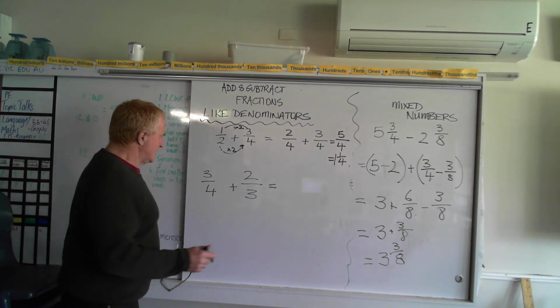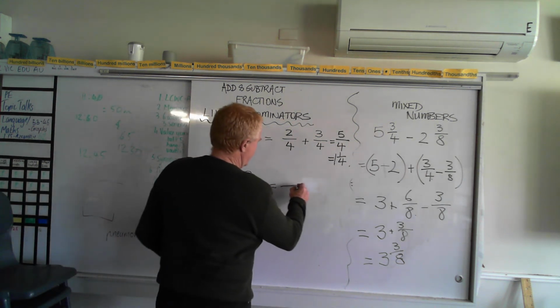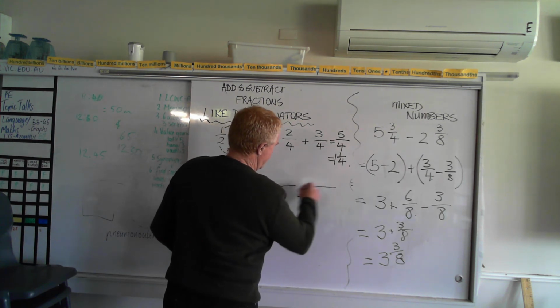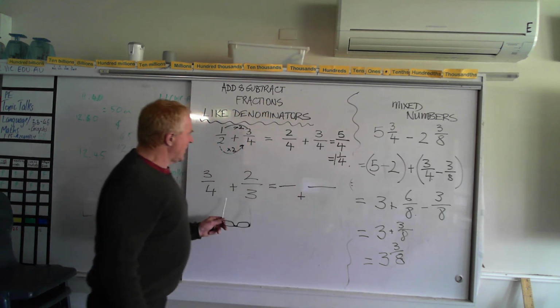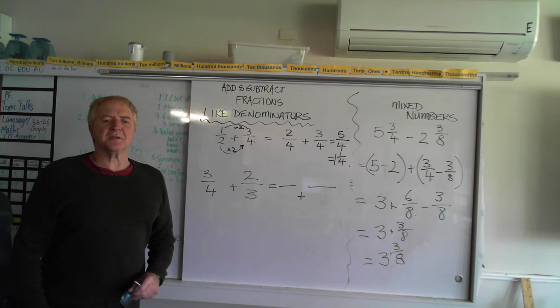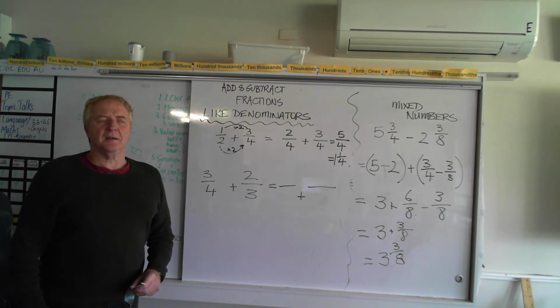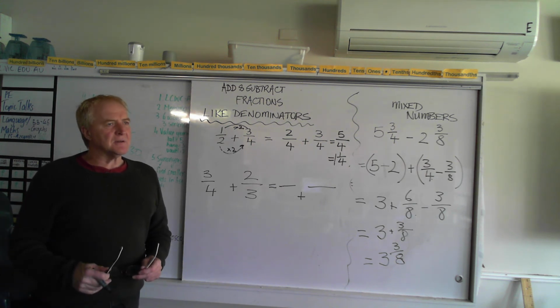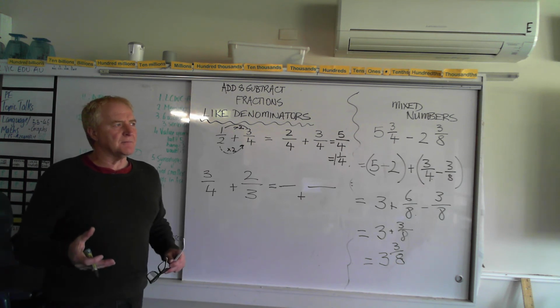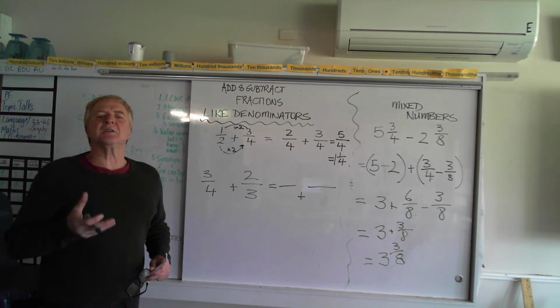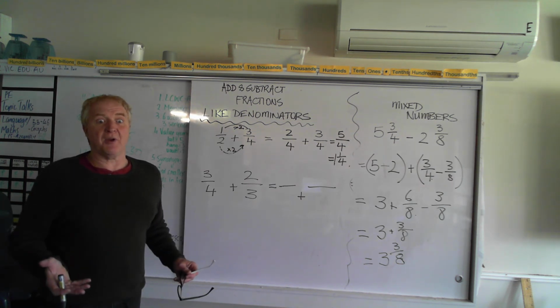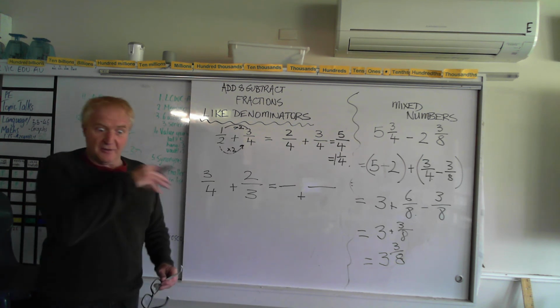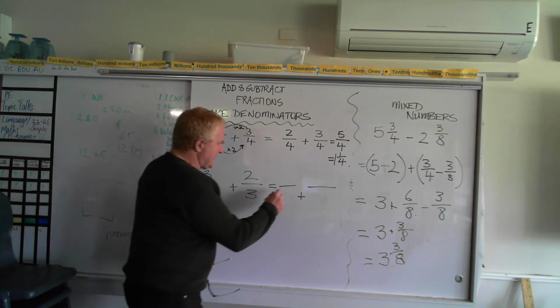Look at this. What would a like denominator be for thirds and quarters? So something that they both go into, so we can work it out. The easiest way to do this is to multiply 3 by 4. Because you know then 3 goes into it and 4 goes into it. So let's try 12ths.